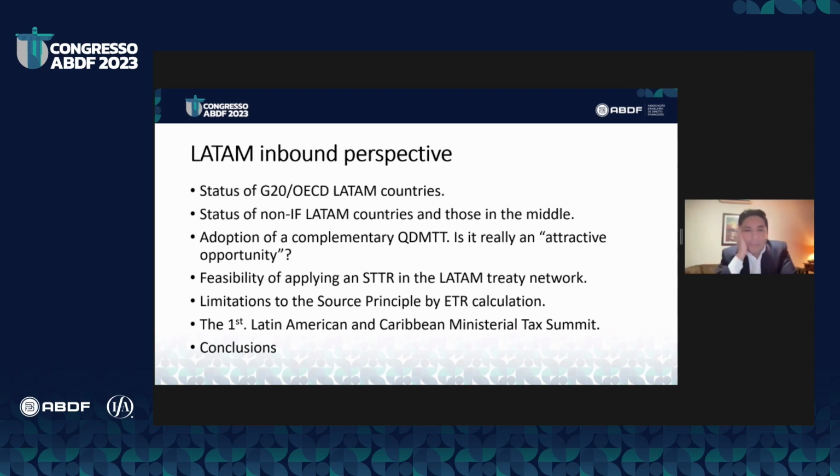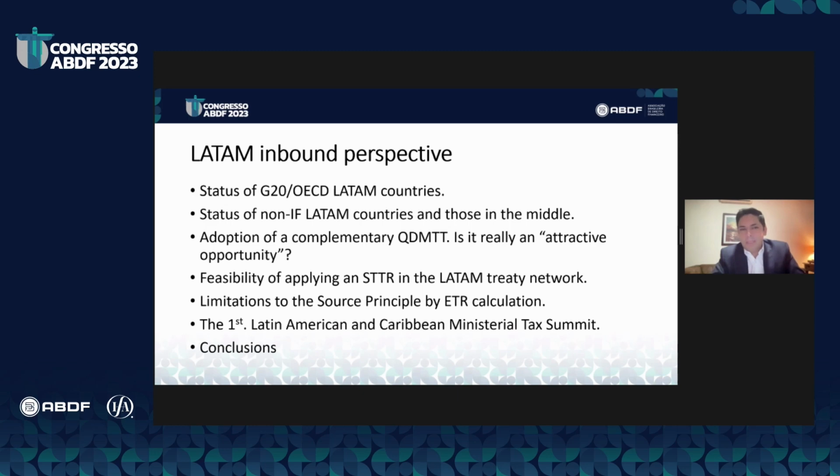And the ETR mechanism has been argued to be damaging to the source taxation and sovereignty of Latin countries. It's always a topic that we can see in all the forums speaking in Latin America about Pillar 2, especially because it may reduce the application of withholding taxes.